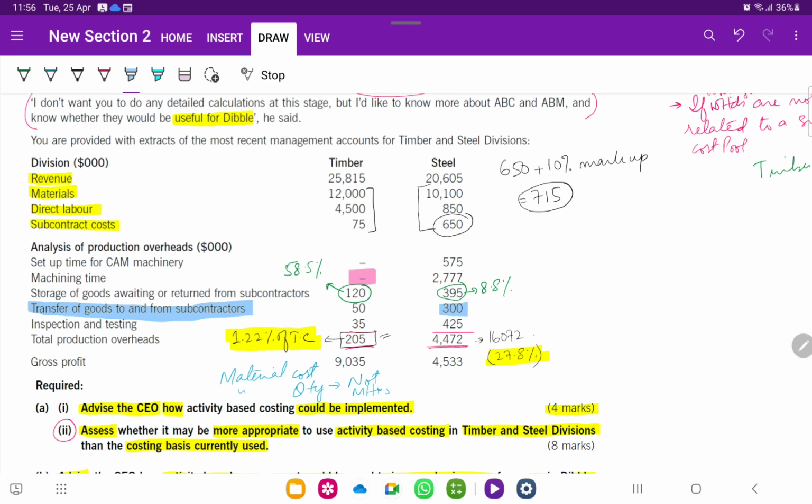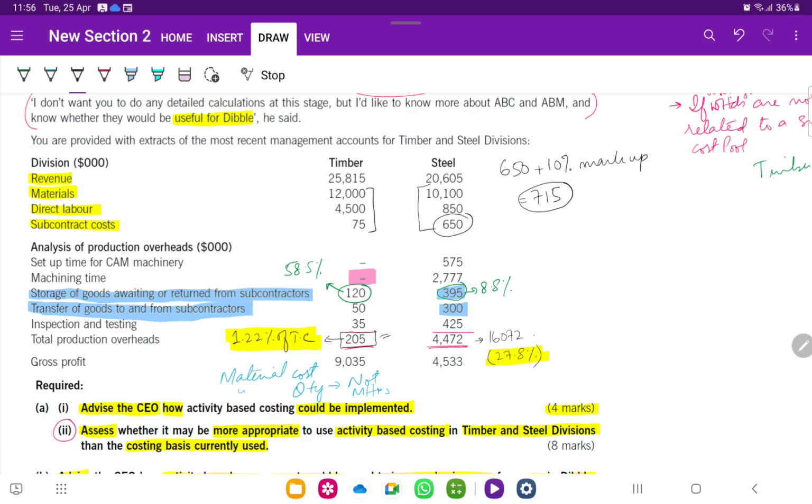And storage of goods awaiting or return from subcontractor, both of these costs are related to subcontracting services, I mean for those who actually want to have these services.